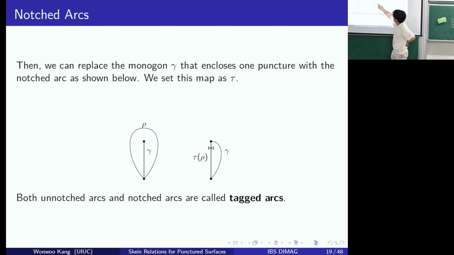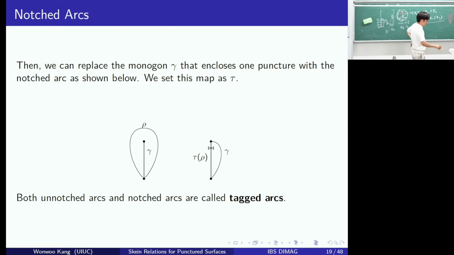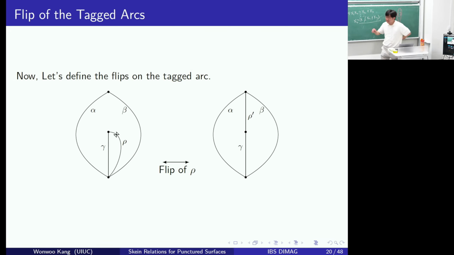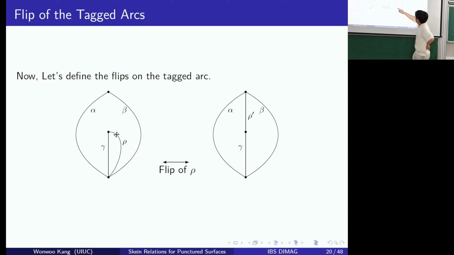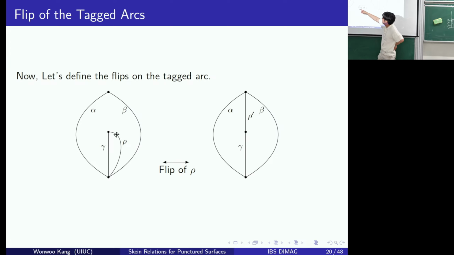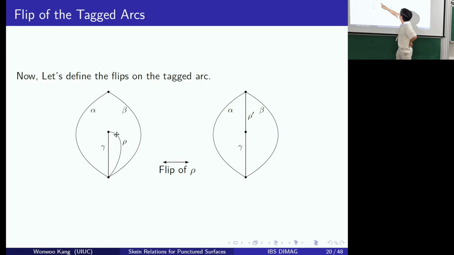So you just put a notch on this part to indicate that this actually worked like a monogon. So what happens is that if we substitute the monogon into this picture, at least pictorially it looks nice, because if we flip this monogon, you get this.